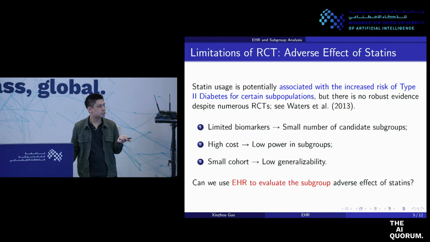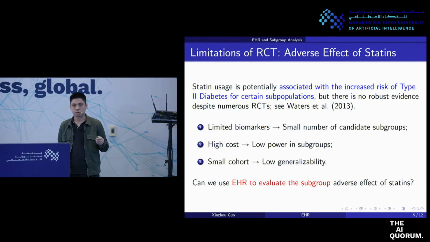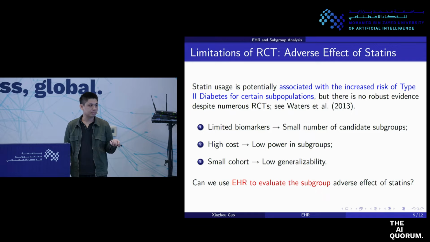The second reason is that randomized control trials are very expensive, and recruiting patients can cost you a lot. Often the trial is powered for the overall population, so in a subgroup they usually don't have enough power. If you don't find any adverse effect, the regulatory agency or other researchers might ask, is it because you don't have enough power?